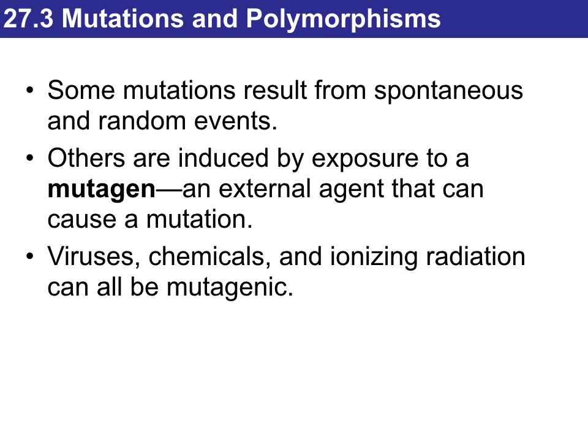Others are induced by exposure to what we call a mutagen. This is any agent that can generate or cause a mutation. Examples below: viruses, yes, viruses, kind of scary. Chemicals, cigarette smoking, nicotine, we do know it's one of those. Ionizing radiation can be mutagenic.